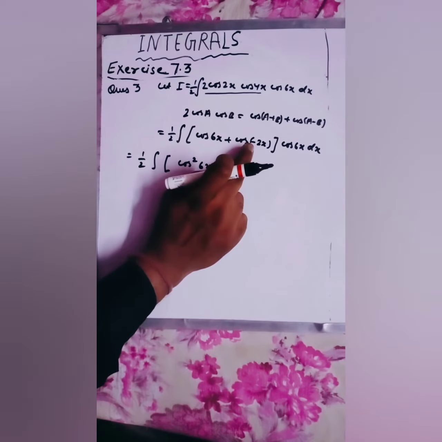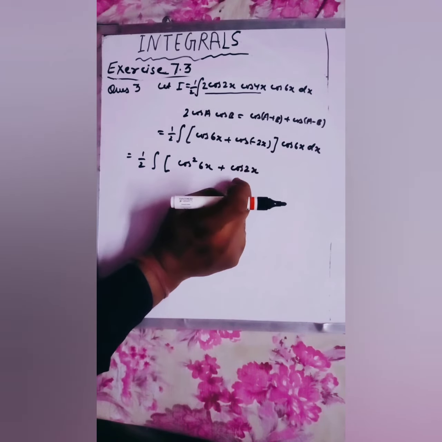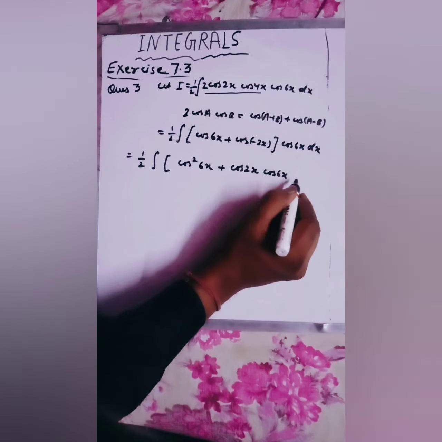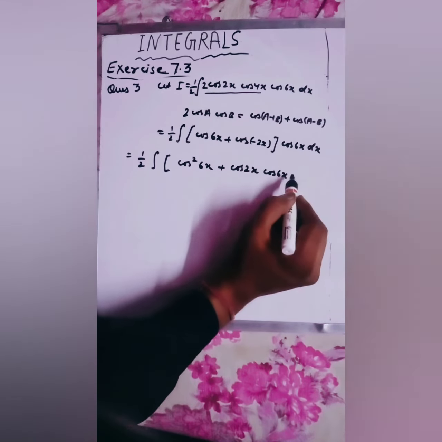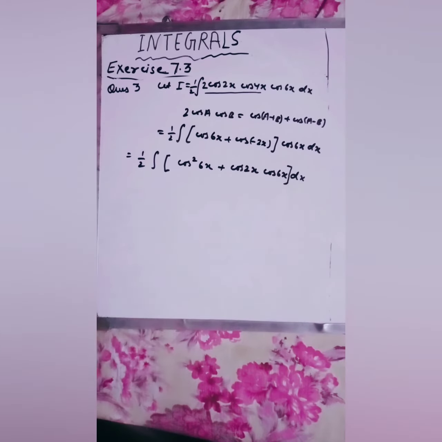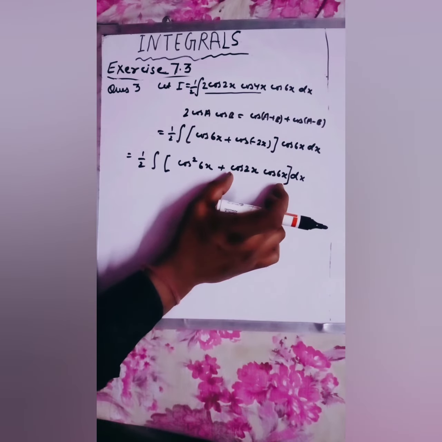Okay, if you get any negative in the angle of cos, you will get positive value. And this would be cos 6x when you multiply this into dx, bracket close.